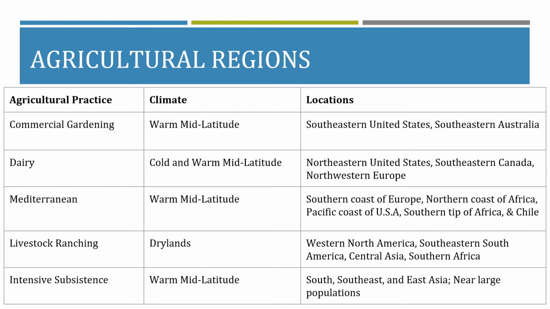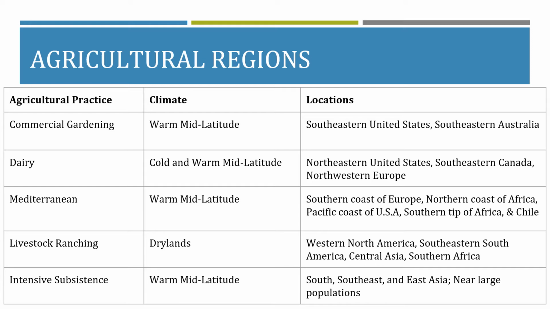Now, this is one type of agriculture that's not done necessarily because of climate. Dairy is going to be produced near population. So the reason why it's mainly found in the northeastern United States is because that's our biggest population concentration. And then the second largest dairying is going to be happening in California because that's where the second biggest population is.